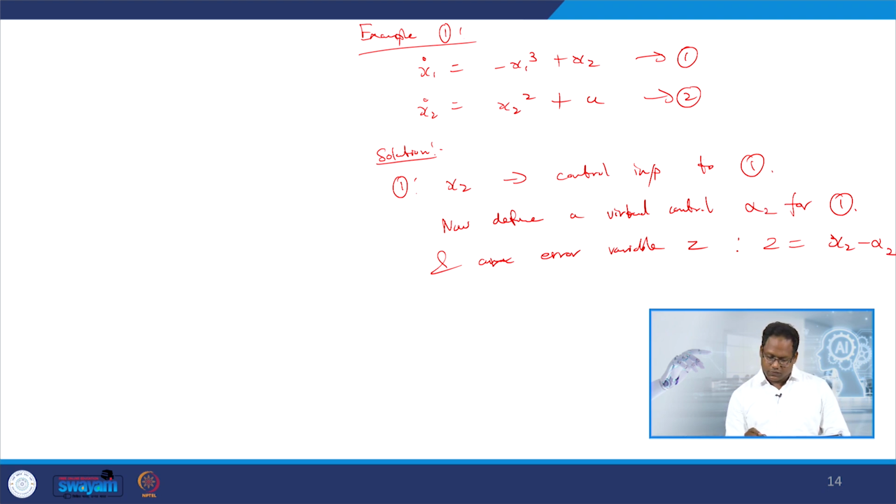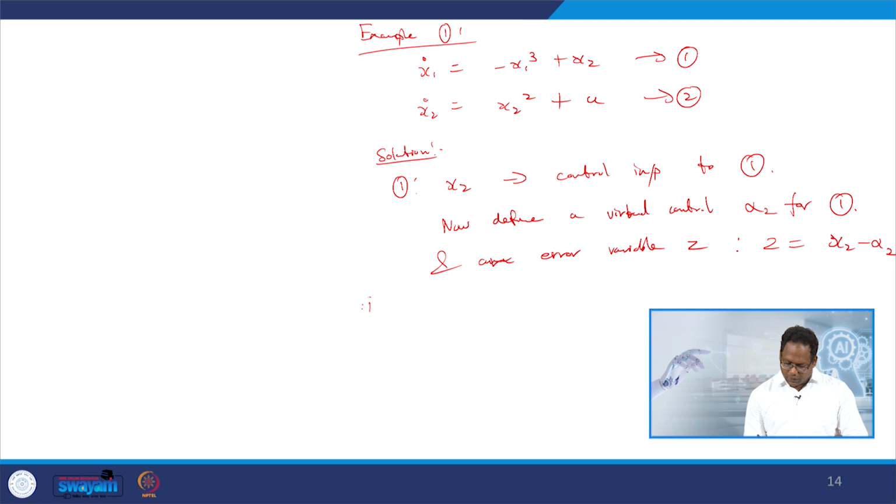The solution starts with selecting x2 as the control input to equation 1, or subsystem 1. Now, define a virtual control given by alpha 2 for subsystem 1, and also define, in parallel, an error variable z, which is the difference between the control input and the virtual controller.